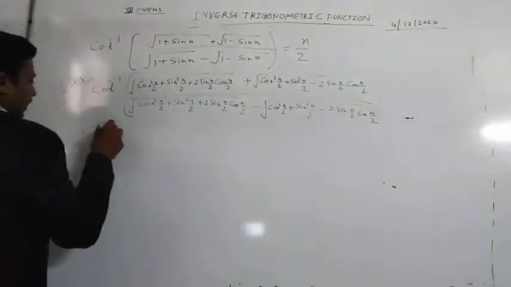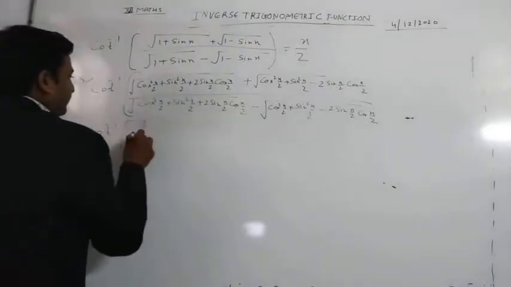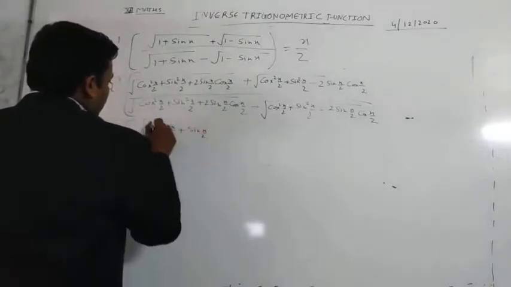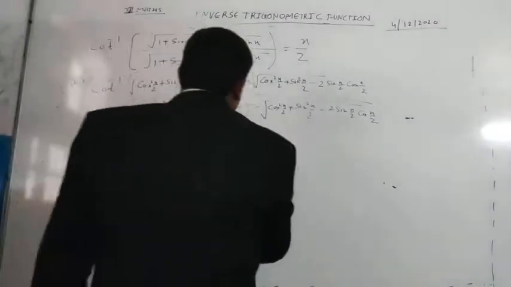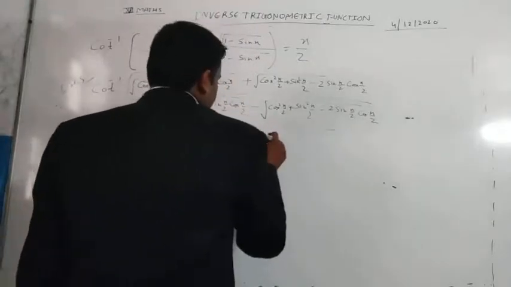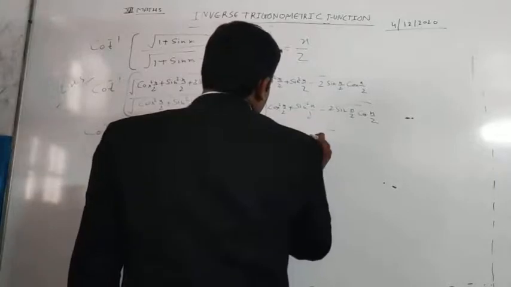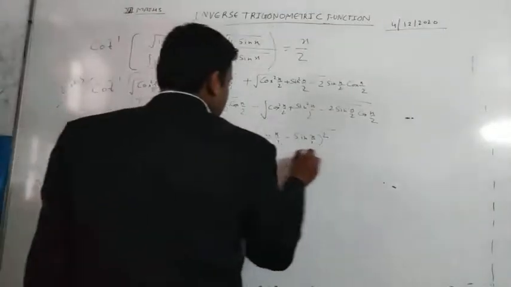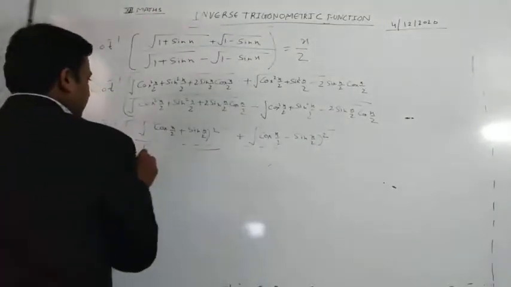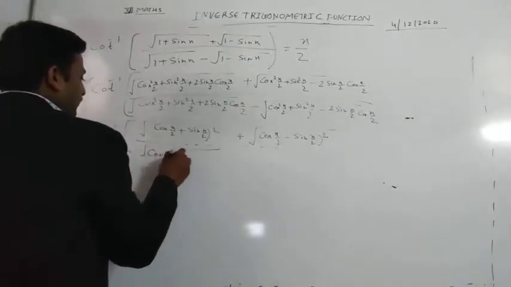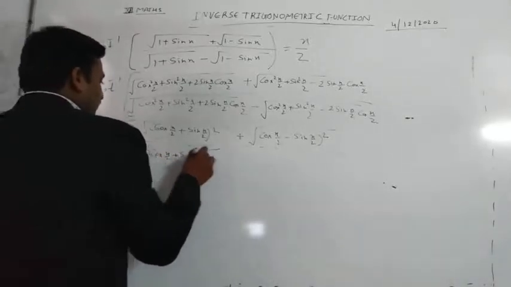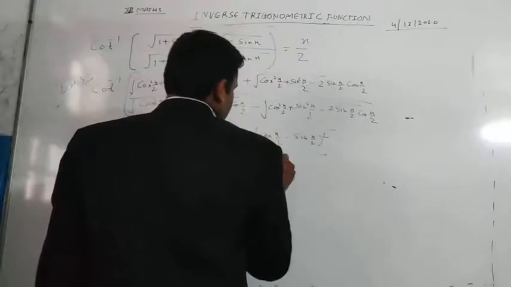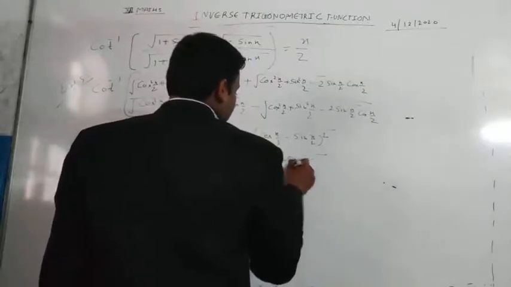Now we will write cot inverse, under the bracket, it will be written as under root of (cos x by 2 plus sin x by 2) whole square, plus under root of (cos x by 2 minus sin x by 2) whole square, divided by again under root of (cos x by 2 plus sin x by 2) whole square, minus under root of (cos x by 2 minus sin x by 2) whole square.